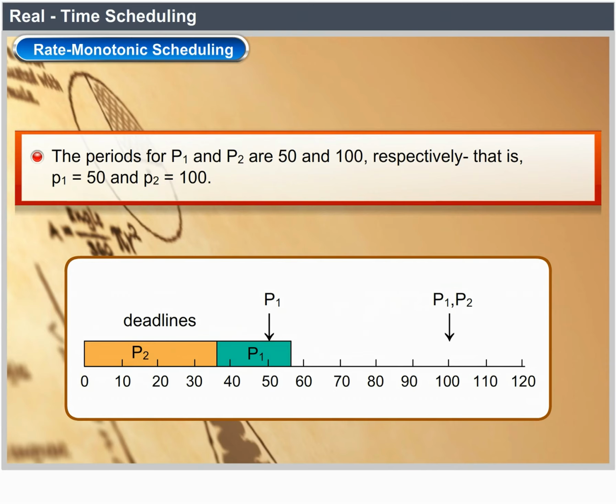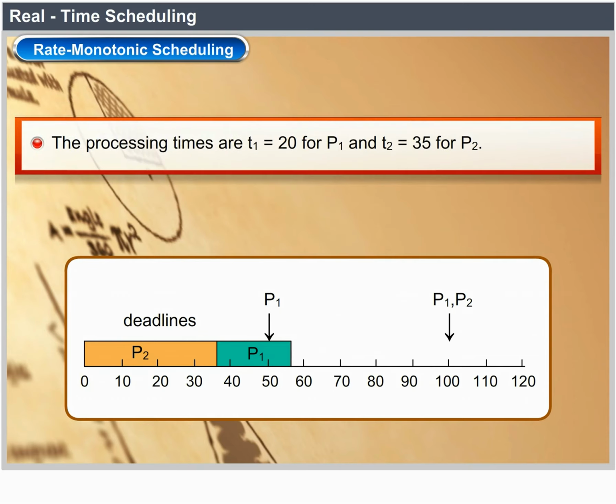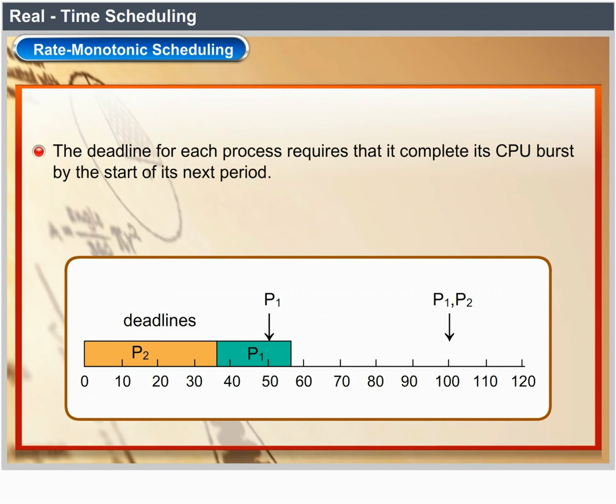That is, P1 equals 50 and P2 equals 100. The processing times are T1 equals 20 for P1 and T2 equals 35 for P2. The deadline for each process requires that it complete its CPU burst by the start of its next period.